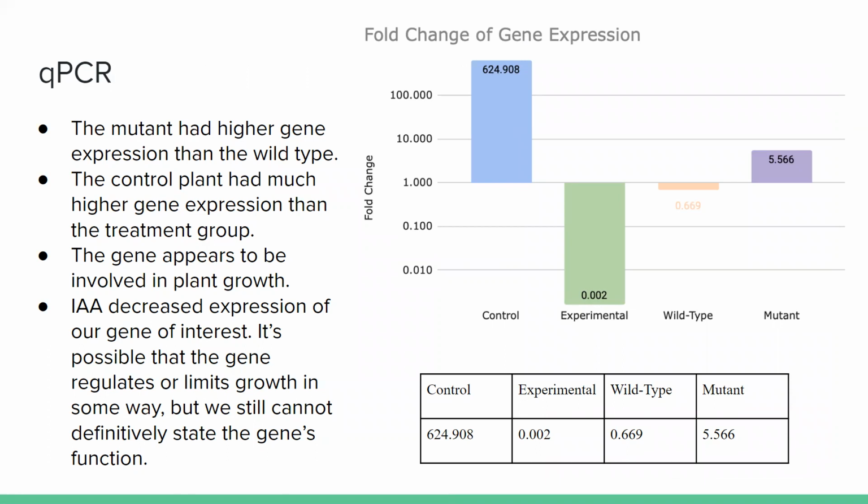Although our results are strange, the gene appears to be involved in some way to plant growth. IAA had decreased expression of our gene of interest, and it is possible that the gene regulates or limits growth in some way, but we still cannot definitively state the gene's function. The graph shown is in logarithmic scale because it otherwise does not allow us to see the other bars due to such a large difference.